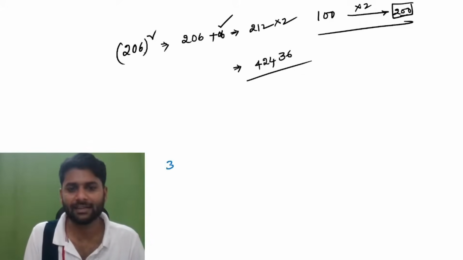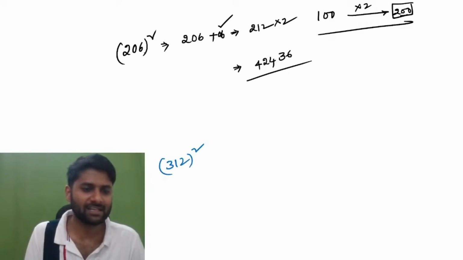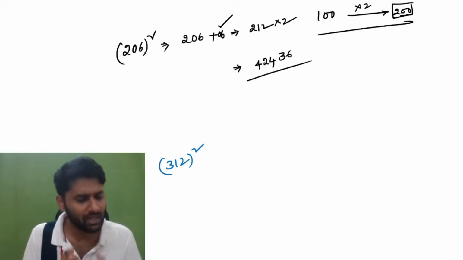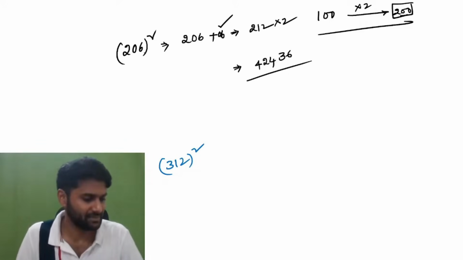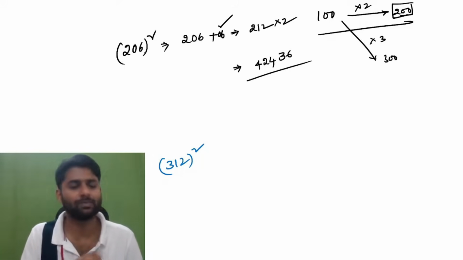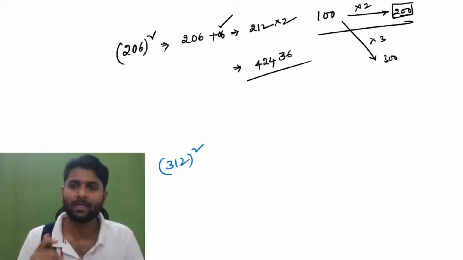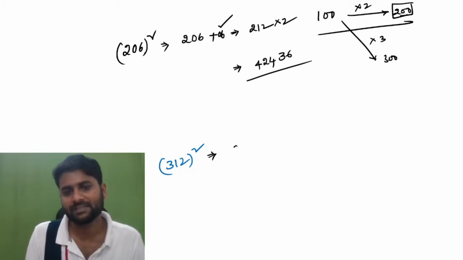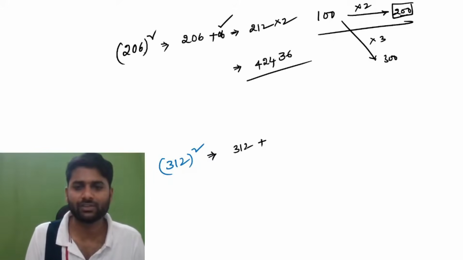Let's go for 312. Now, instead of 100 or 200, you have to consider 300 as the base. If we consider 300 as the base, then 100 becomes 300, meaning we multiply by 3. Same steps we have to repeat: 312 is more than 300 by 12 units.